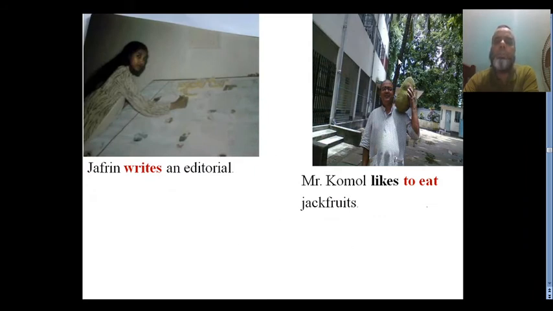Think about these two pictures. In this picture, Jeffrey writes an editorial. Mr. Kamal likes to eat jackfruit. Here, by this verb writes, the sense of the sentence is complete.